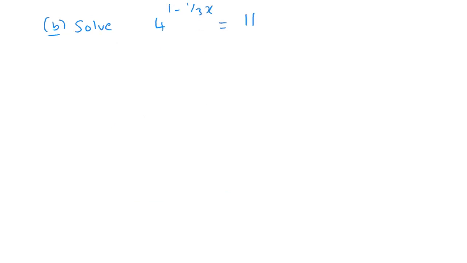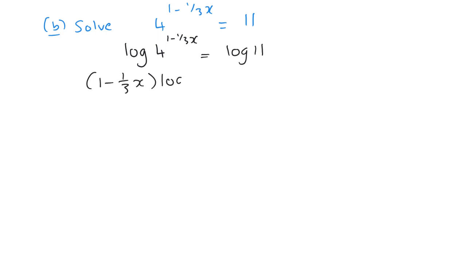Okay, part B, solve 4 to the power of 1 minus a third x equals 11. Again, take logs to start. And bring down our power. So it's 1 minus a third x times log 4 equals log 11. I'm going to bring the log 4 over and divide.